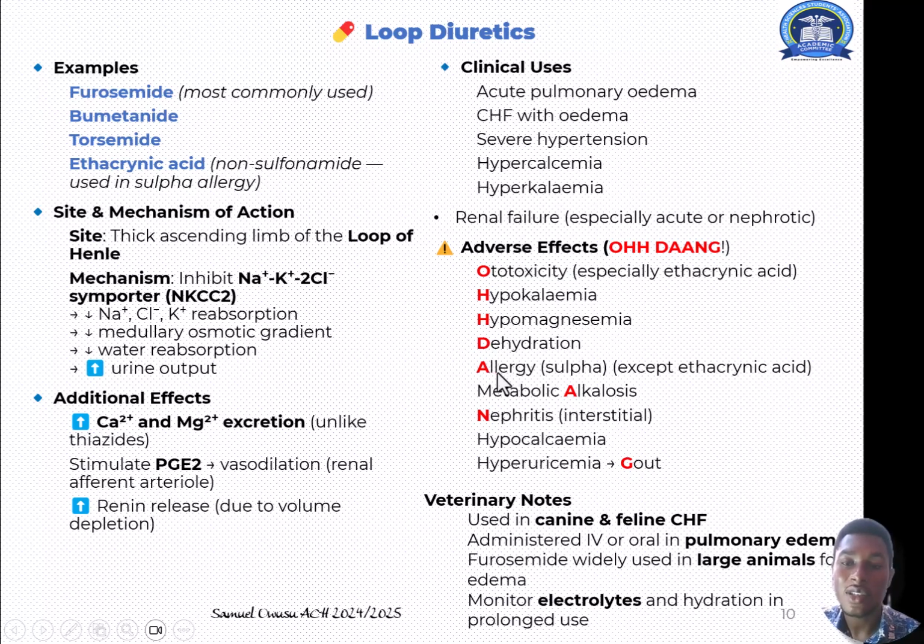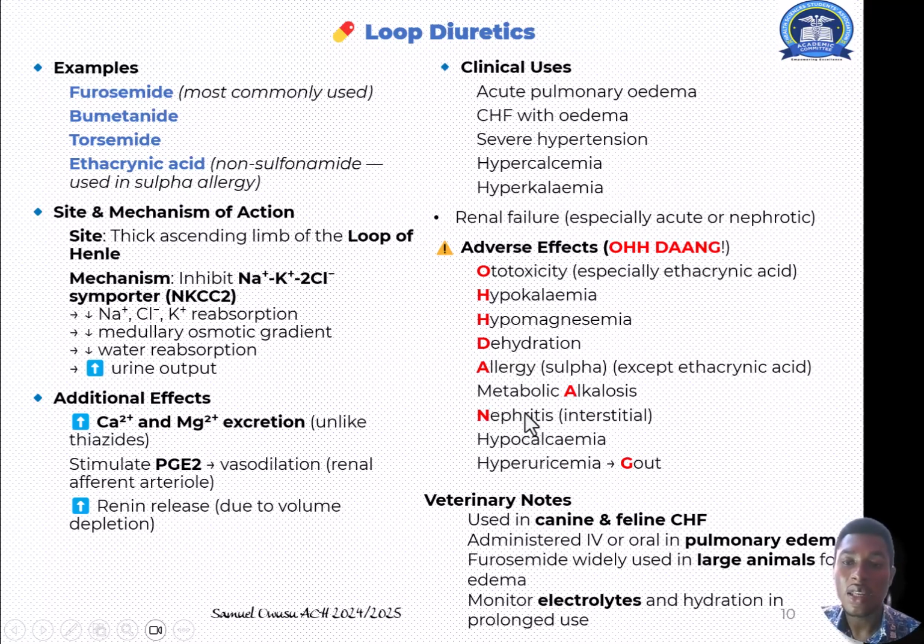Some of them cause allergy, sulfur allergy, with the exception of ethacrynic acid. Then metabolic alkalosis. Why? Because we tend to be excreting a lot of H plus ions, and that is going to cause build up of bicarbonate ions that will lead to the alkalosis process.